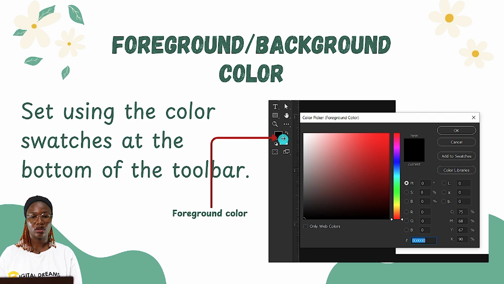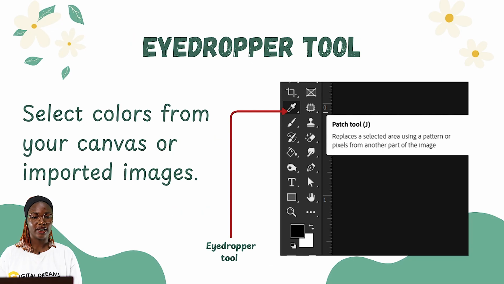The next one is the eyedropper tool. It selects colors from your canvas or imported images. So sometimes if you are designing and you're using a color palette for your designs, you can use the eyedropper tool to pick the particular color that you want from your color palette, instead of choosing it from the fill color.